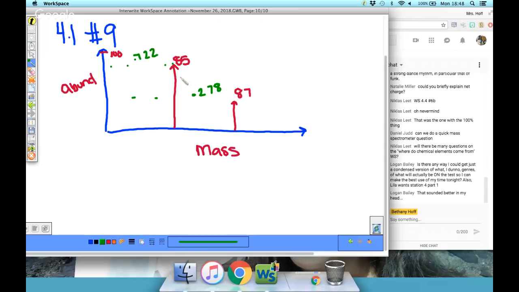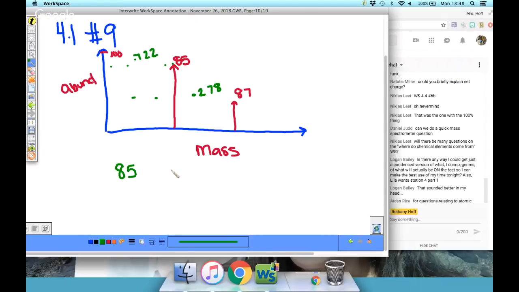So what that means is that 72.2% of whatever was put into this mass spectrometer had a mass of 85, and 27.8% of it had a mass of 87. So again, that should look a little bit familiar to what we have for atomic masses. So we're given some information, and you'll probably have a data table. So we have 85 right here.